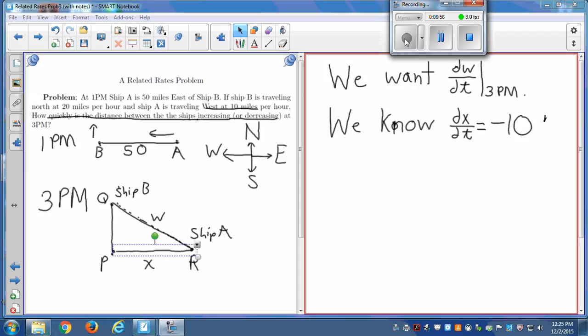Of course, the units there will be miles per hour. You have to use the negative because that length x is getting shorter by 10 miles every hour.